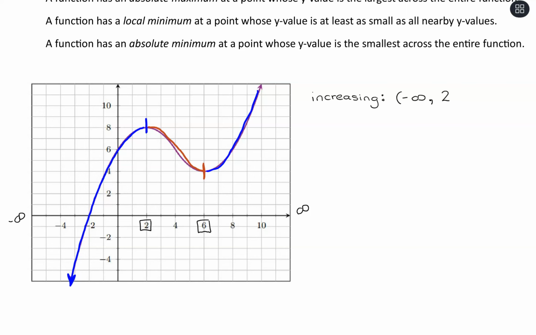Now, in terms of brackets, with increasing and decreasing, we'll always be using just parentheses. You won't see square brackets. That's because at these turning points, it's neither increasing nor decreasing. How I like to think of this is like if you throw a ball into the air, it's going up and up and up. And then there's this moment where it hangs.